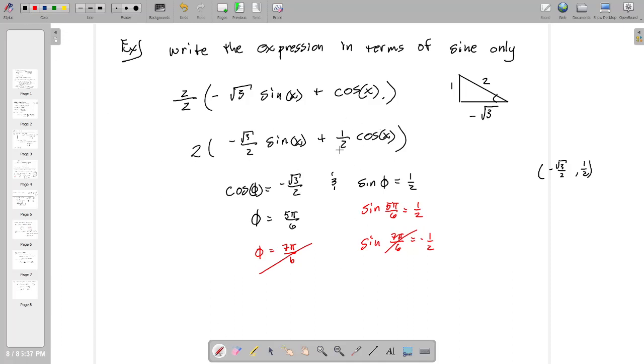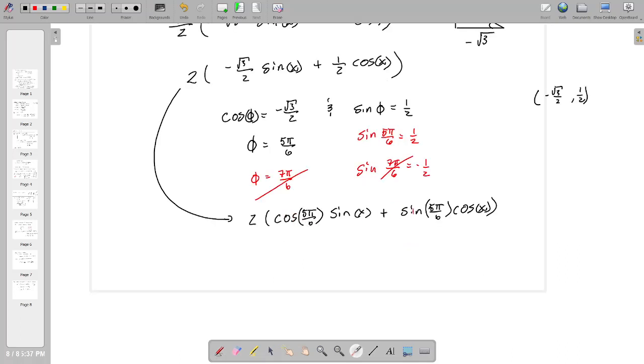So we can rewrite this now as 2 times cosine of 5 pi over 6 sine of x plus sine of 5 pi over 6 cosine x.